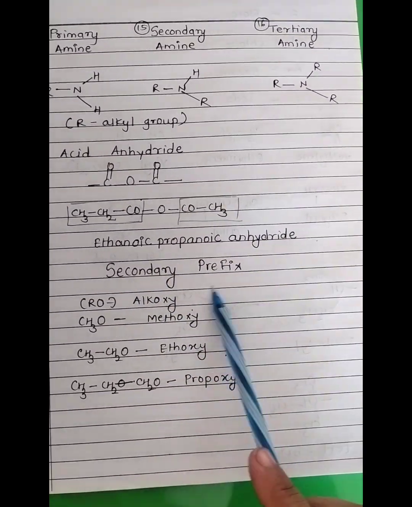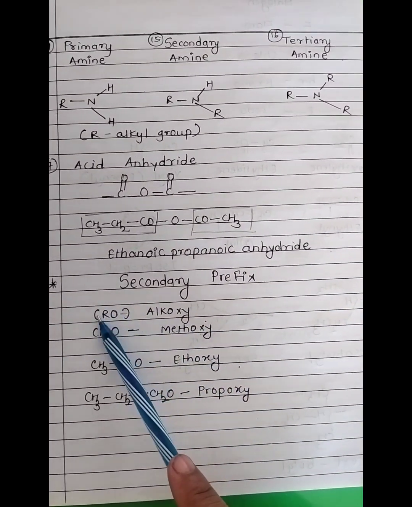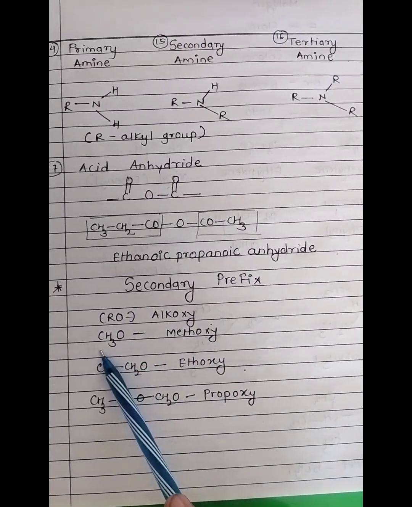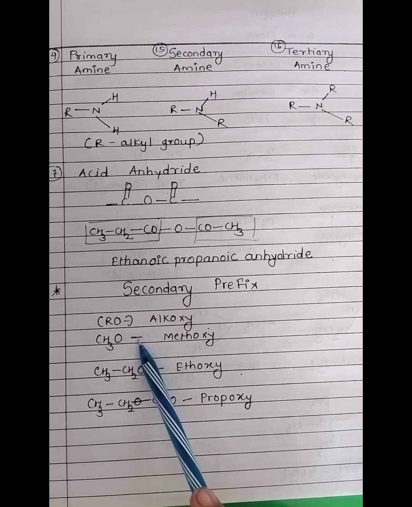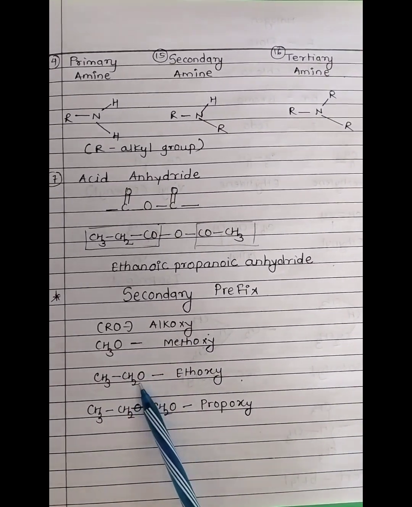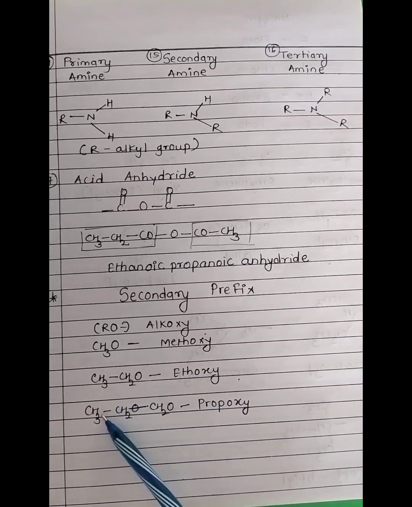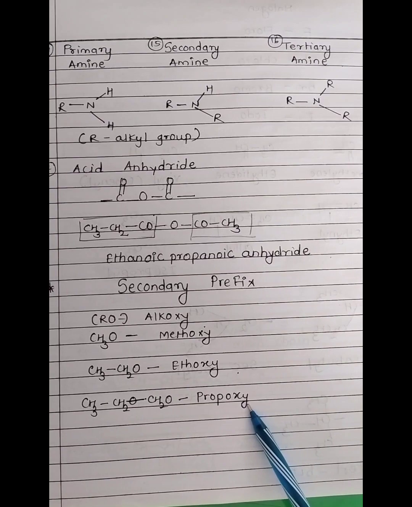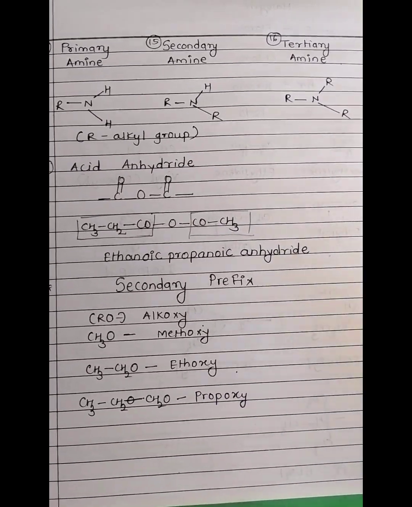Then secondary prefix RO, for RO we use alkoxy, for CH3O we use methoxy, then like this CH3 CH2O ethoxy, then CH3 CH2 CH2O we use propoxy.